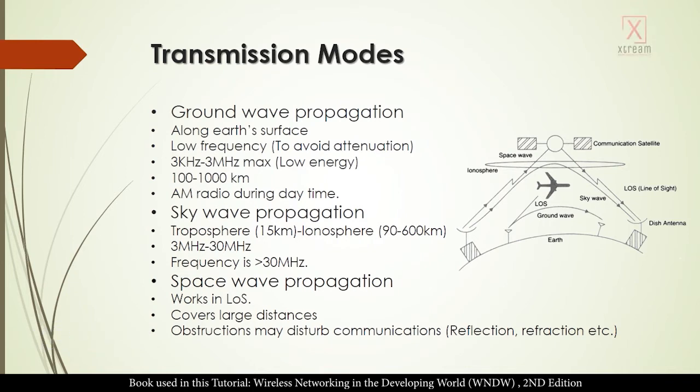For sky wave propagation, we use the ionosphere, which is from about 9 kilometers up to 600 kilometers above the ground. So it is a region we use for the wave propagation.